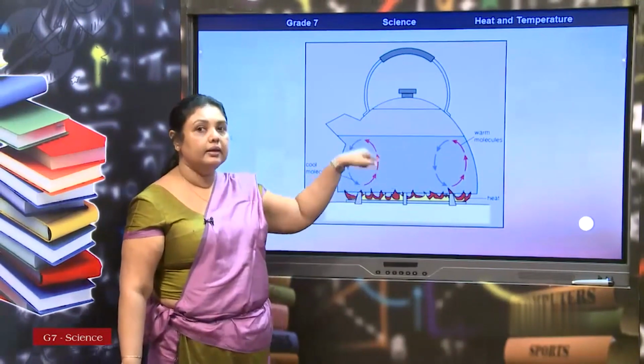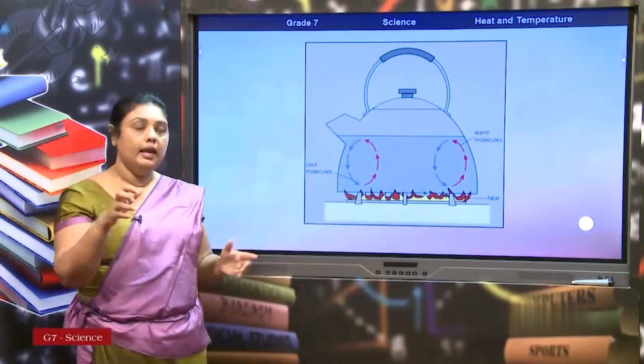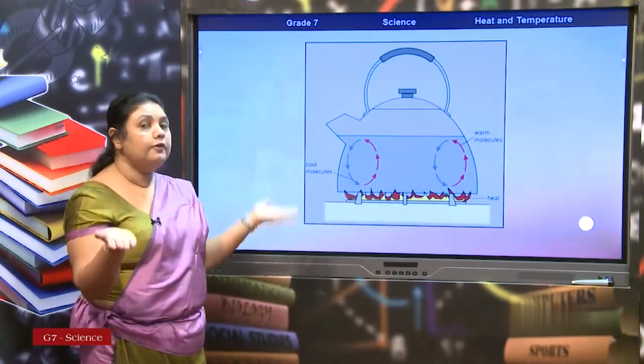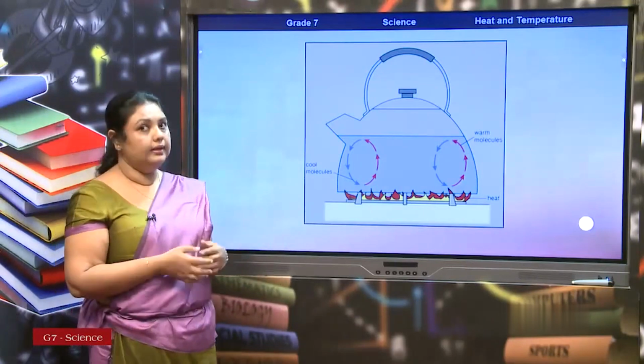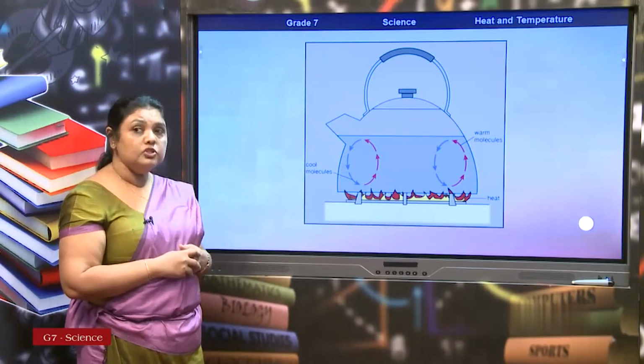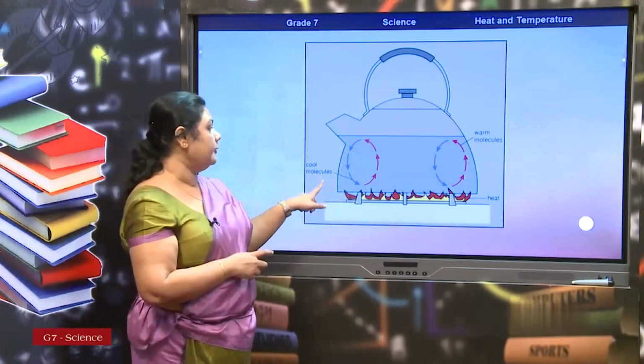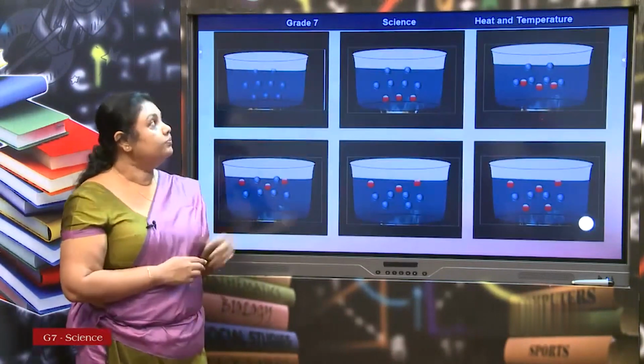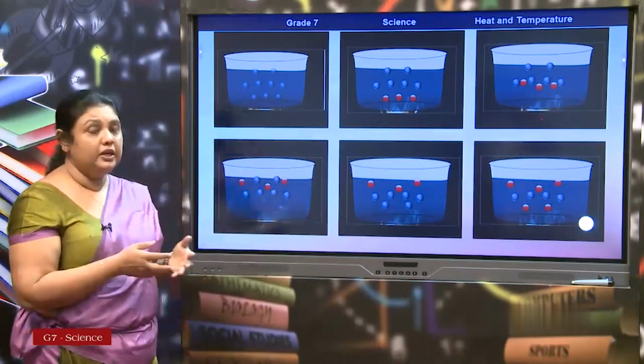Then they are getting heated up. This happens for a while and the whole amount of liquid gets heated up. That happens through convectional current. Right. Another way, another explanation.